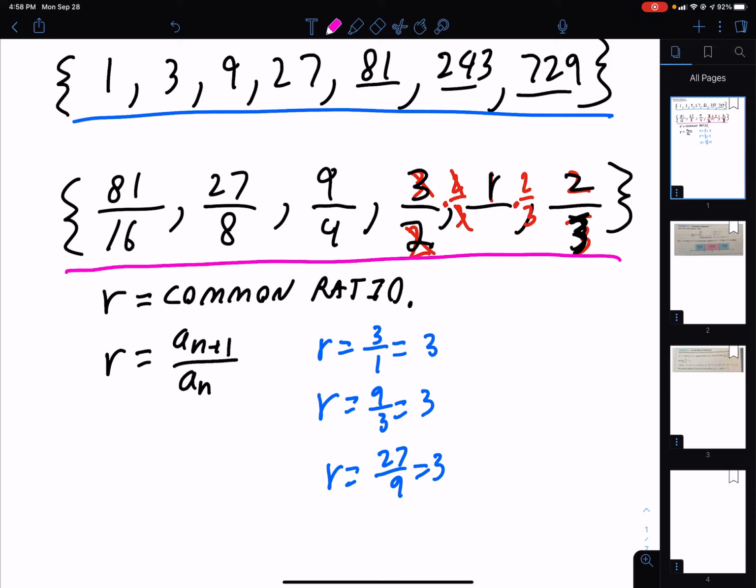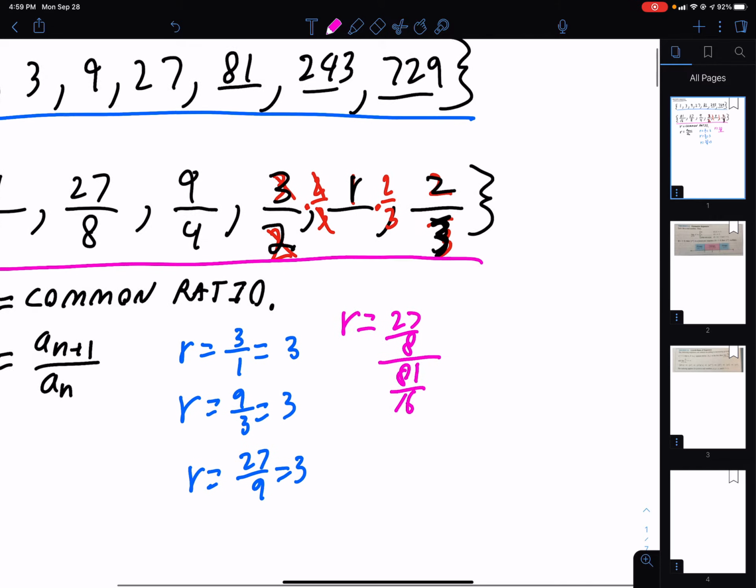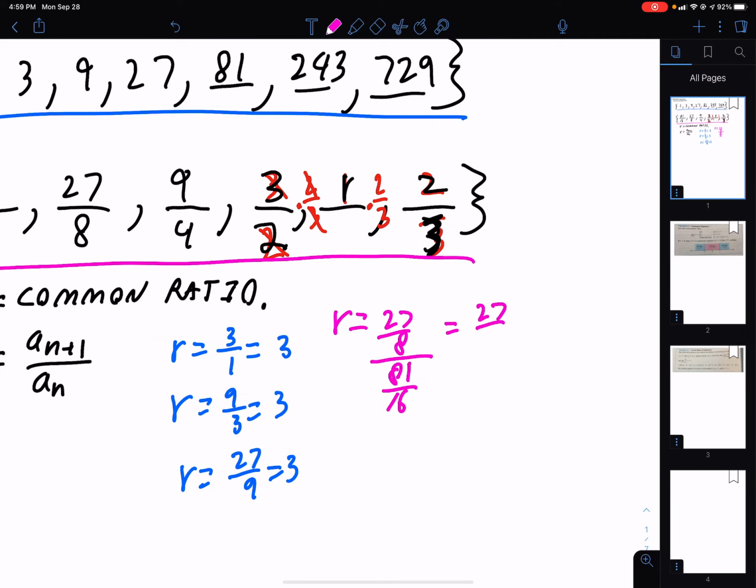So how do you find your common ratio, and how do you figure out if it's geometric? We divide. I'm dyslexic, that's backwards. You divide 27/8 by the previous term, which is 81/16, but you multiply by the reciprocal. I'm sorry, my brain is glitching here.